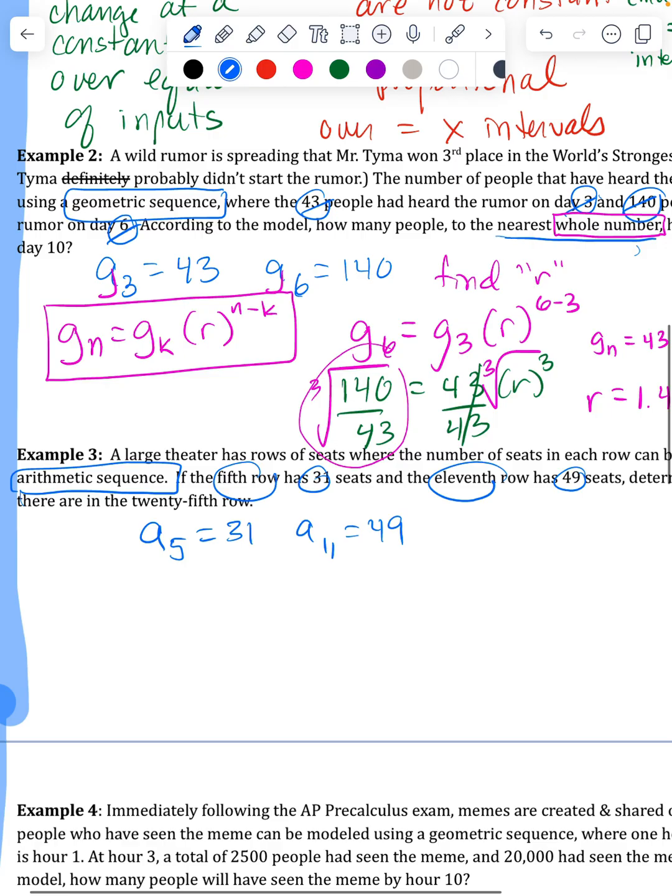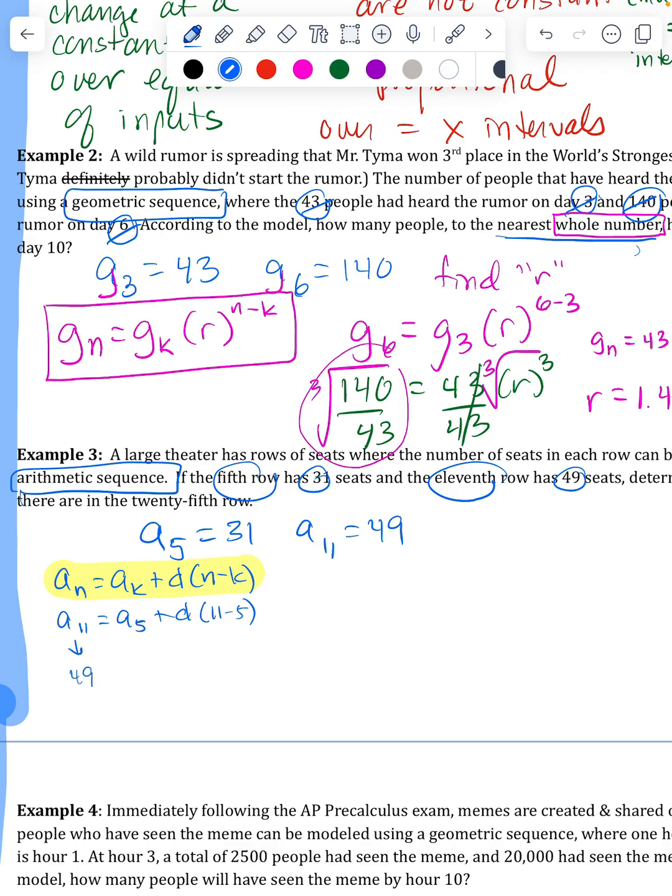I'm going to use my ending term, my starting term. I'm going to figure out my common difference through this formula. That was the one we've been using since they said it was arithmetic. Okay. I'm going to end at the 11th term, start at the 5th, add my common difference, 11 minus 5 times. But I know the 11th term is 49.